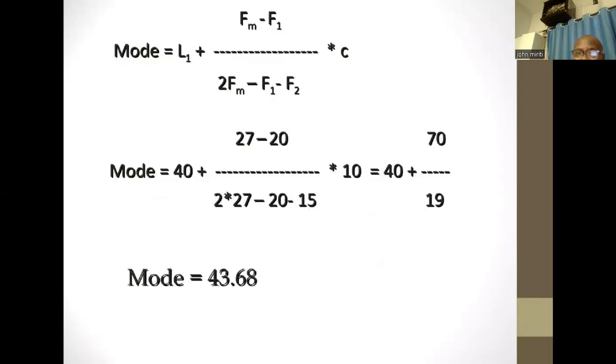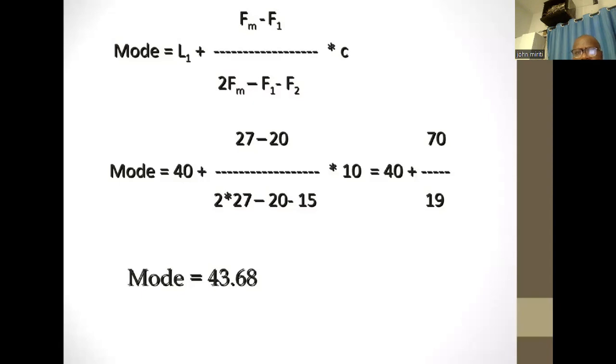Now, if you have that, then you put them in the formula where you say that mode is equal to the lower class limit plus frequency of the mode minus frequency of the class before the mode, divided by 2 times the frequency of the mode minus the frequency of the class before the mode minus the frequency after the class.